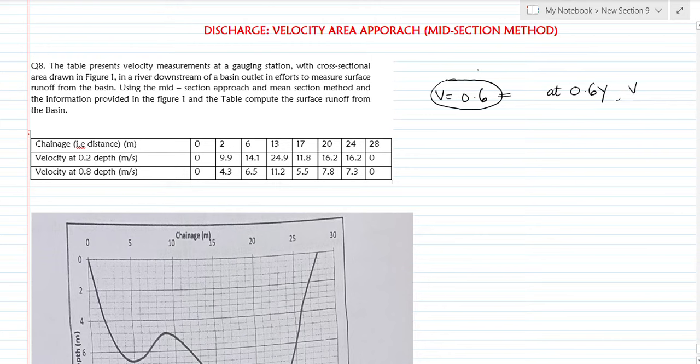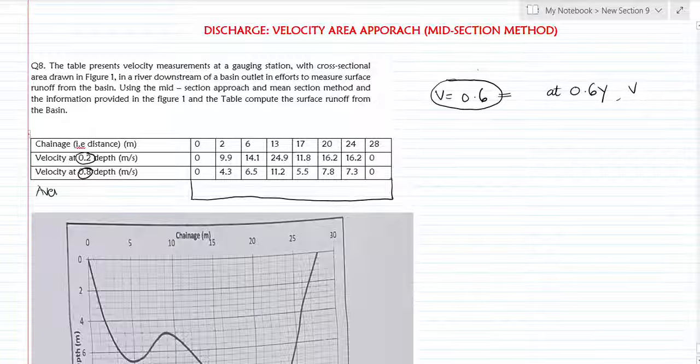But if the velocity was measured at a depth of 0.2 and 0.8, with these two velocities we need to find the average velocity for each section. That's what we are going to use for our computation.